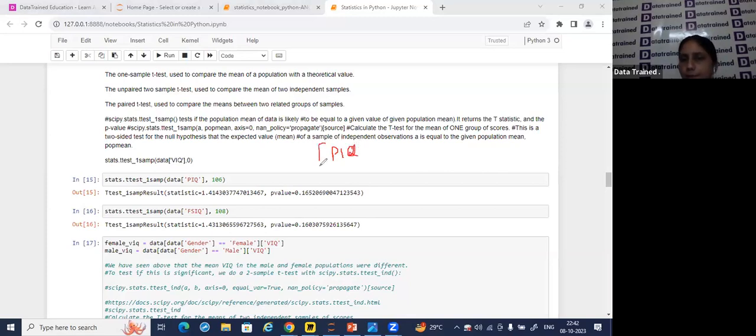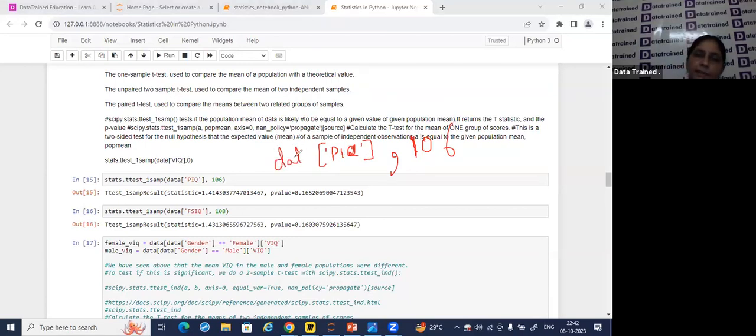I want to understand whether this PIQ column has a mean value identical to 106. Identical means similar or nearby to 106, not exactly equal, somewhere near 106.